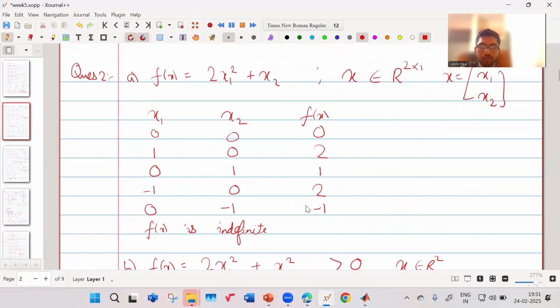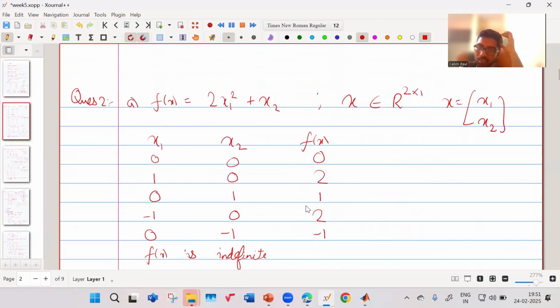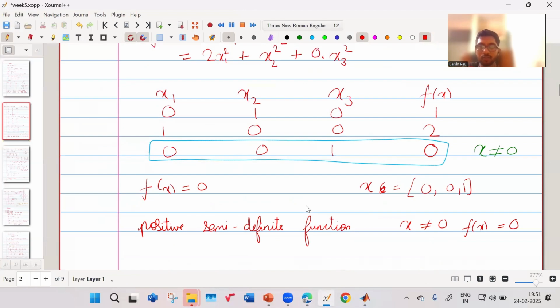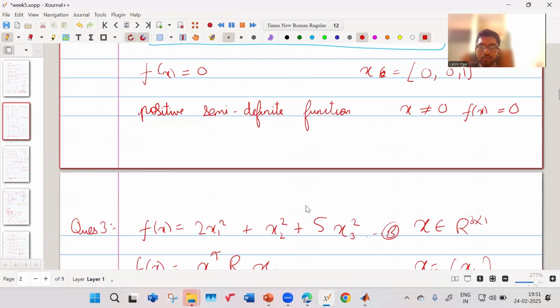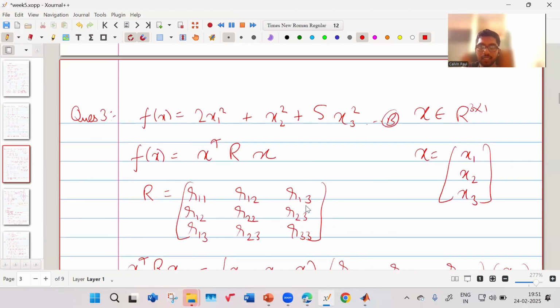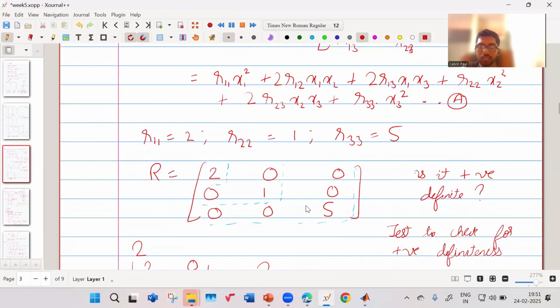Now let us say these functions like 2x1 squared plus x2 and others we have shown: how do we say whether it's positive definite, indefinite or semi-definite, and how do we write it in terms of x transpose Rx?